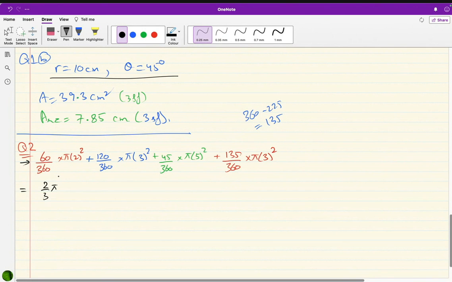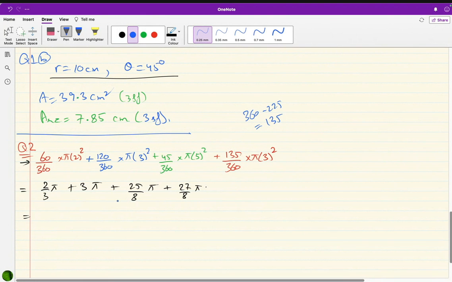Then 120 by 360 into 9, I'm getting 3 pi. 45 divided by 360 into 25 is 25 by 8 pi. 135 divided by 360 into 9 is 27 by 8 pi. I have this habit of keeping things mostly in exact form.